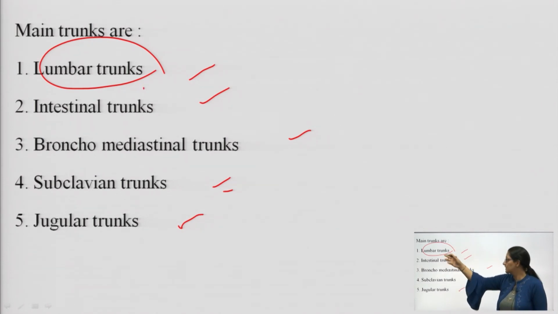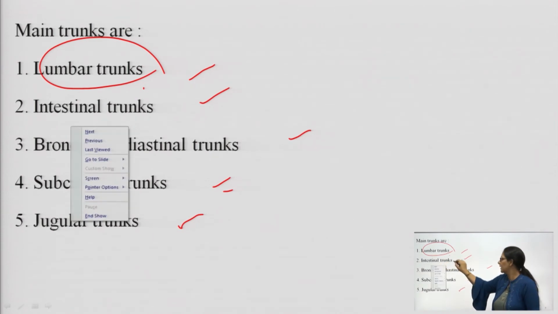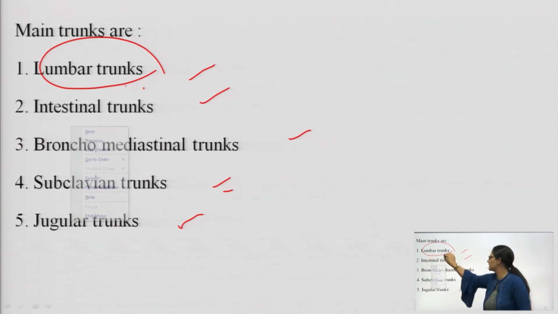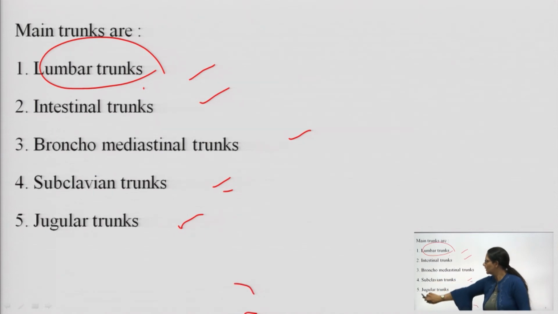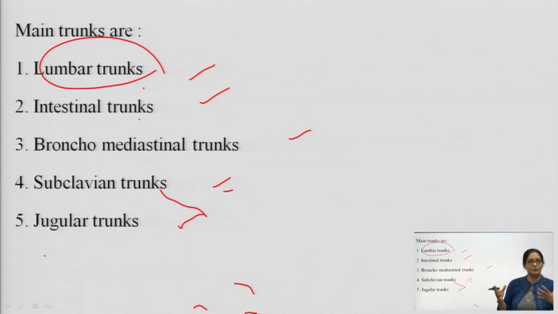This lumbar trunk is connected to the intestinal trunk. The intestinal trunk is the area where the lymphatic vessels of the intestinal region collect the lymph and pour it into the lymphatic trunk.